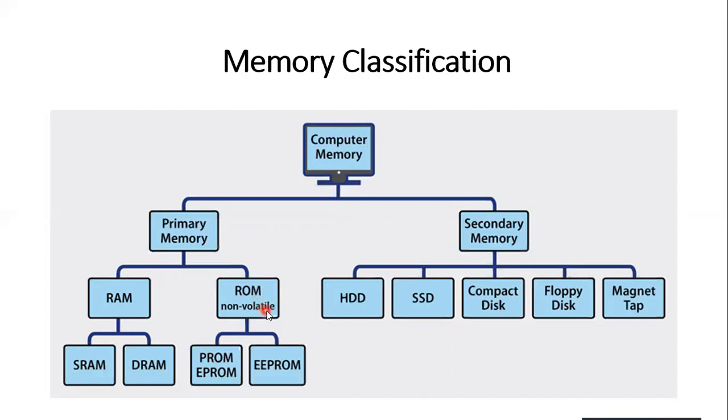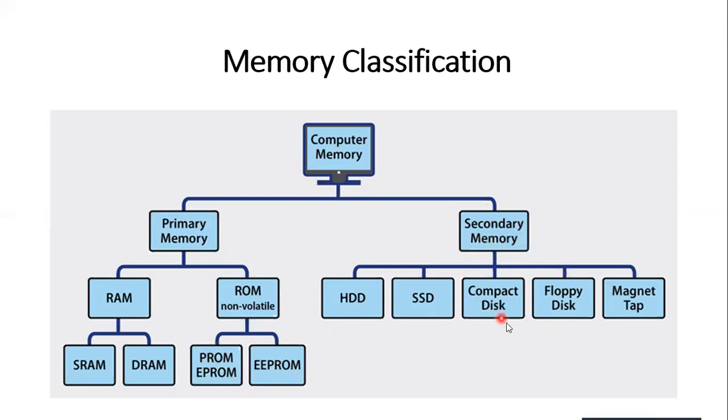Similarly, the ROM can be classified into PROM, programmable read-only memory, then EPROM, erasable programmable read-only memory, then EEPROM, electrically erasable programmable read-only memory. Similarly, you know very well about the secondary memory.